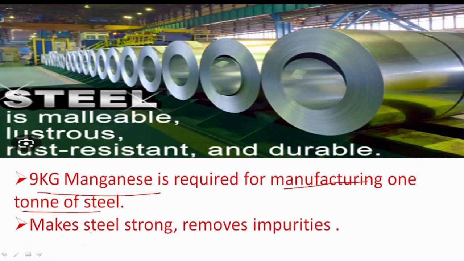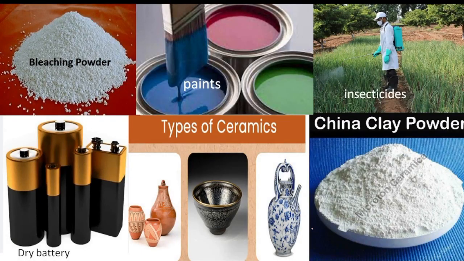It makes the steel strong and removes impurities in it, right? And where is this manganese ore used? In bleaching powder, in paints, in insecticides, in dry batteries, in types of ceramics, and in china clay powder.